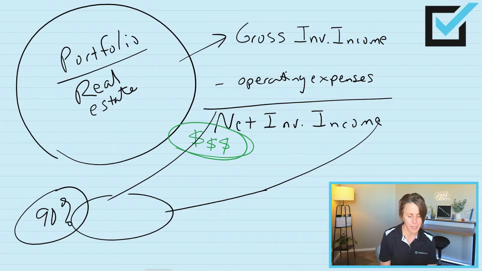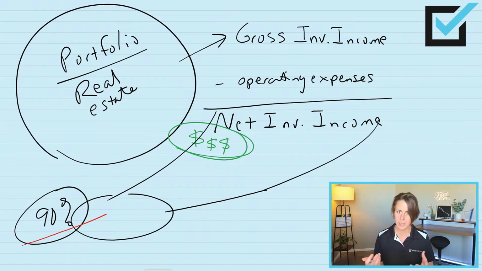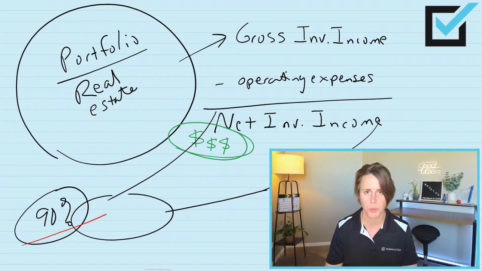The requirement is 90%. If the REIT distributes 90%, the 10% that they kept would be taxable to the fund. If they distribute 100%, which many of them do, then they have no taxable income at the net investment income level of the fund. If, however, they distribute, let's say, 75% of their net investment income, do they meet the conduit theory? No. Sometimes you'll hear a regulated investment company or a regulated REIT.